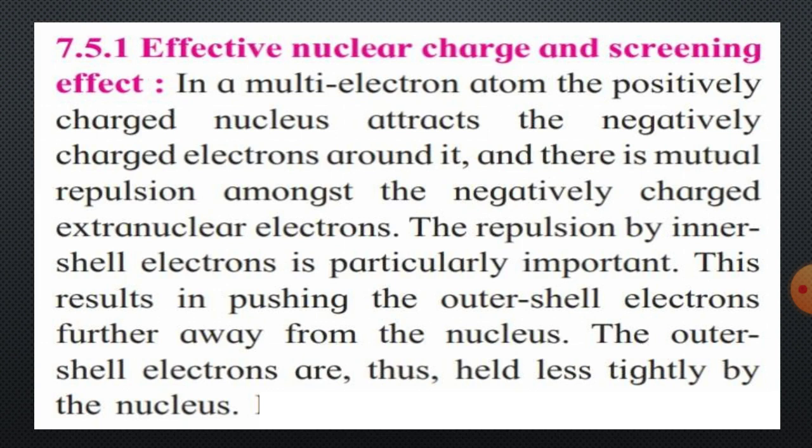As we move from the first shell to the second, third, fourth, fifth, sixth, and so on, the distance from the nucleus to the outermost shell increases. So the first shell is nearer to the nucleus than the second, which in turn is nearer than the third, and so on.